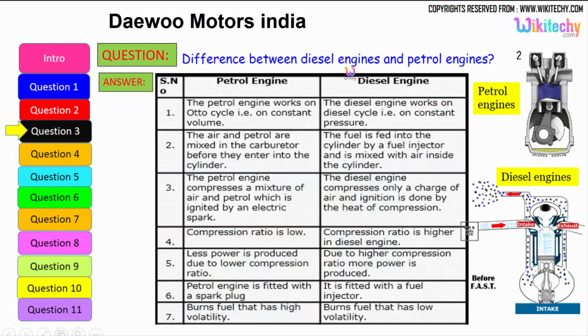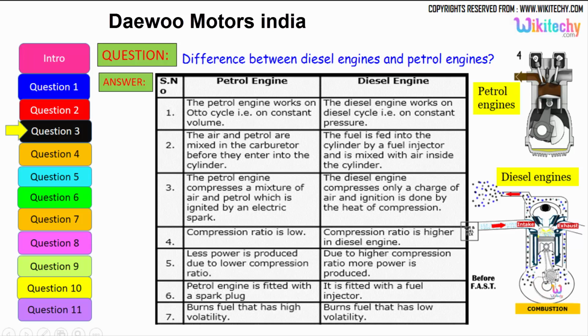Let's see the difference between the diesel engine and the petrol engine. The petrol engine works on the Otto cycle, therefore on constant volume, whereas the diesel engine works on the diesel cycle on constant pressure. The air and the petrol are mixed in the carburetor before they enter into the cylinder.